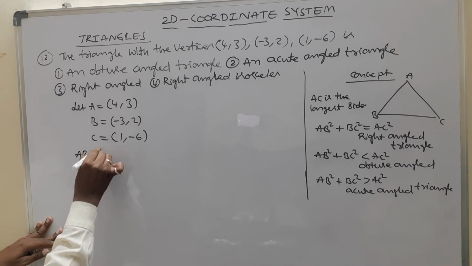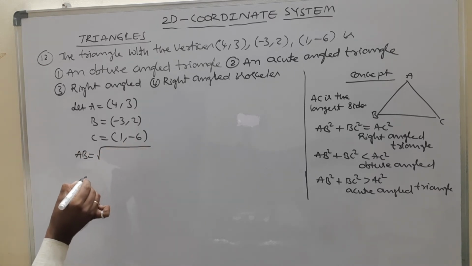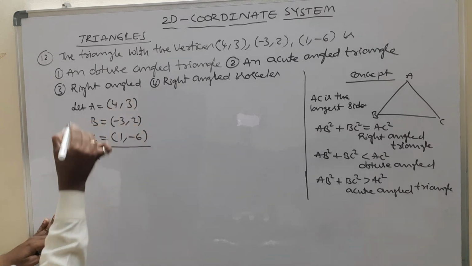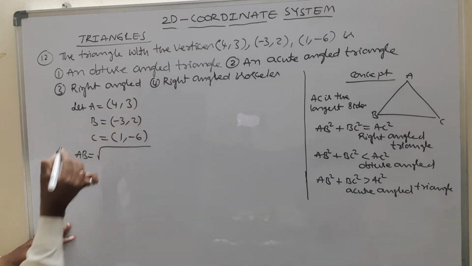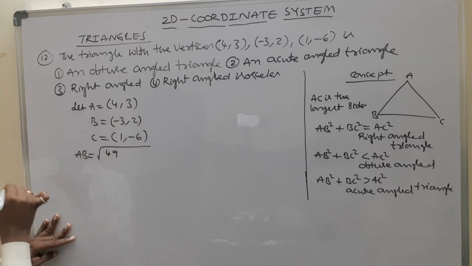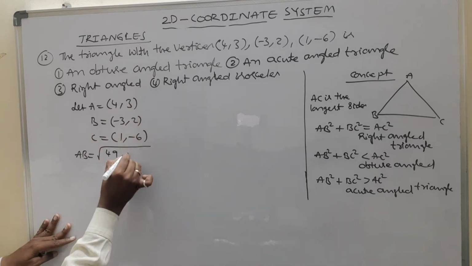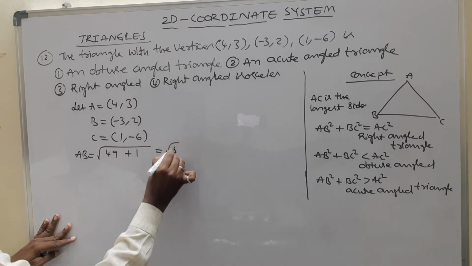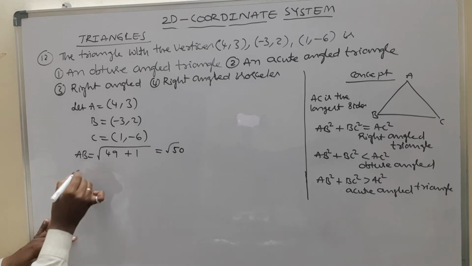AB equals square root of the difference of x coordinates whole square plus the difference of y coordinates whole square. 4 minus of minus 3, 4 plus 3, 7. 7 square, 49. 3 minus 2, 1. 1 square, 1. 49 plus 1, 50. Root 50. AB length equal to root 50.